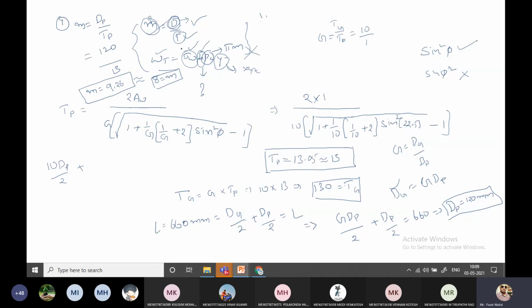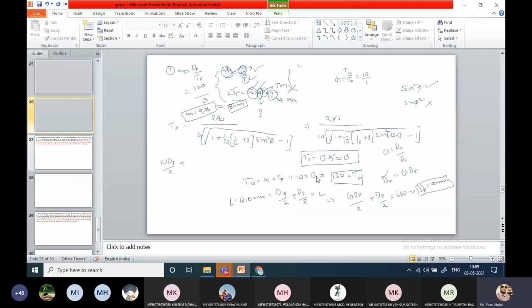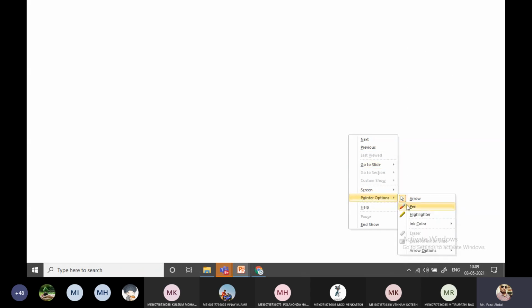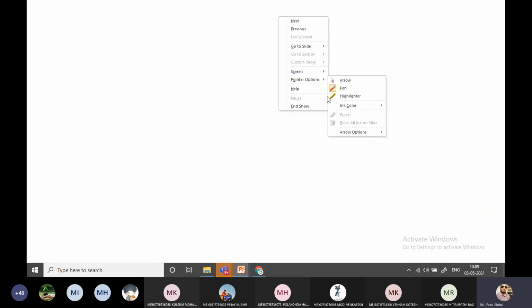After calculating the module, based on the selected module, we have to calculate the teeth on pinion and teeth on gear.